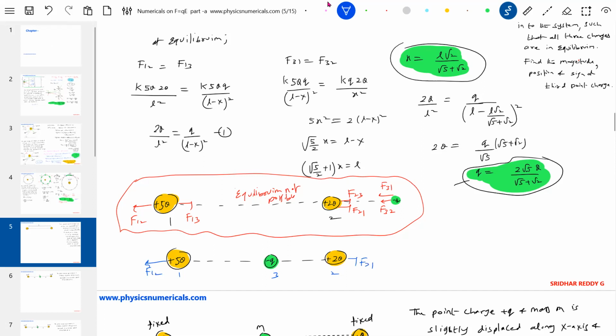F12 and F21 are the forces of interaction, then F32, F31, F23, F13. Oh, sorry, it should be a positive charge; already we discussed it is negative. I'll change it.